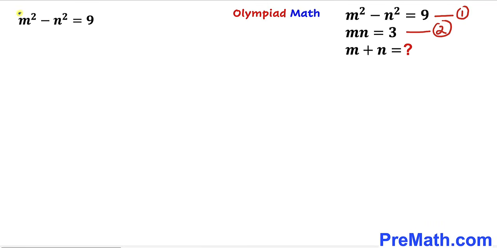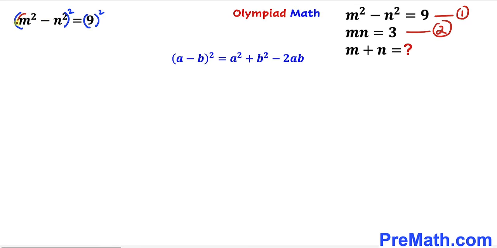Now I'm going to take a square on both sides of this equation. Let's recall this famous identity: a minus b whole square can be written as a square plus b square minus 2ab. We apply this identity on the left hand side binomial.